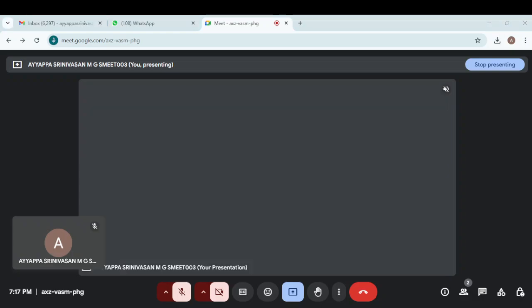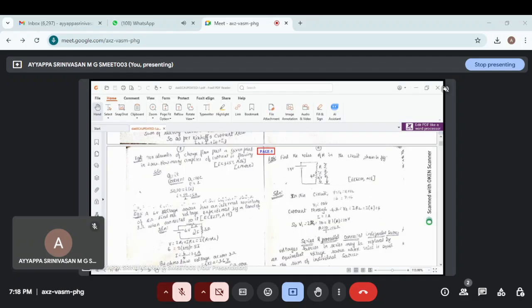The next one, we have certain problems. Let us see the problem: 10 coulombs of charge flow through a given point in 2 seconds. How many amperes of current are flowing through it? So 10 coulombs of charge flow through a conductor in 2 seconds.